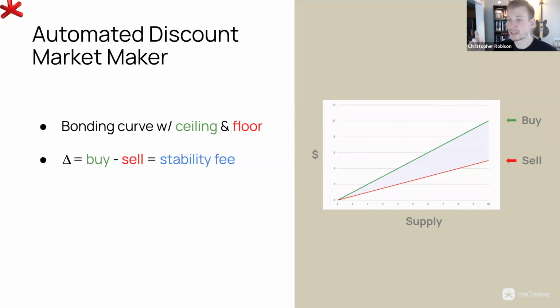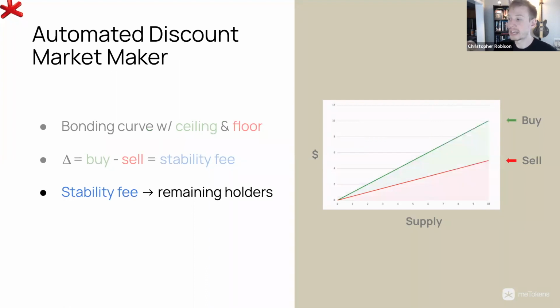So this delta between the floor and the ceiling, this stability fee, in a sell-off event ends up getting redistributed to everybody who's a remaining token holder. What this does is it increases the value of everybody's token who is still a true believer of this individual. They're still holding the token. And this goes into a separate pool within the bonding curve that can only be unlocked when that token is sent to the issuer.